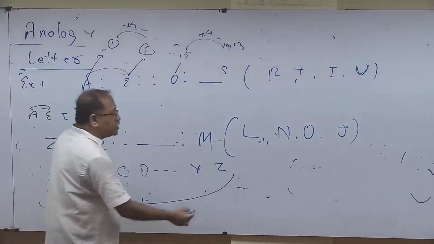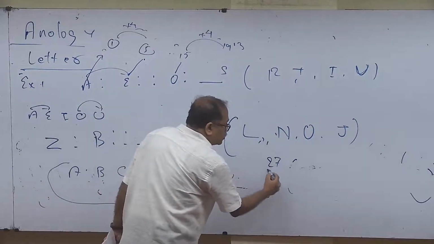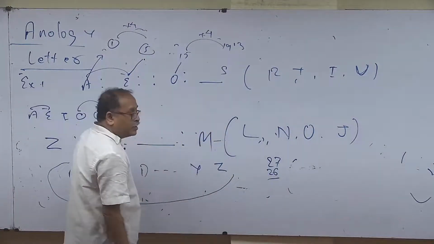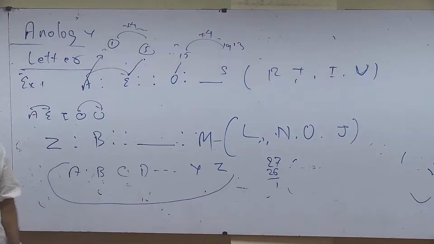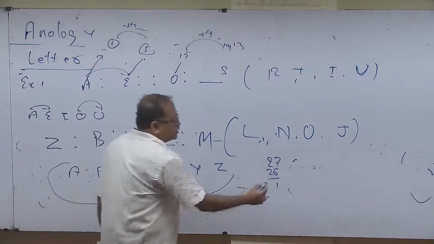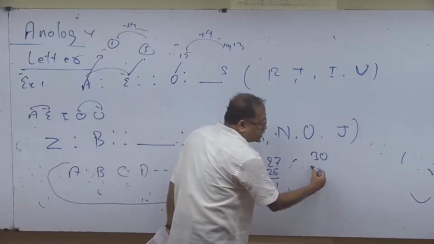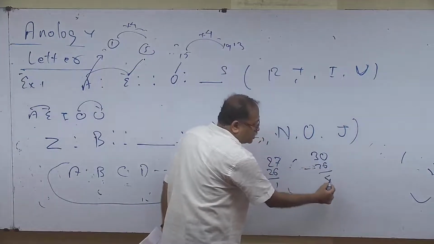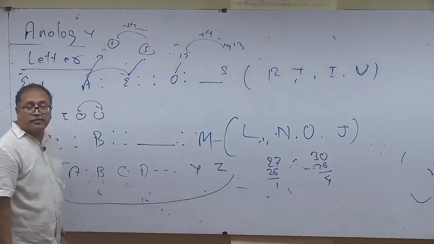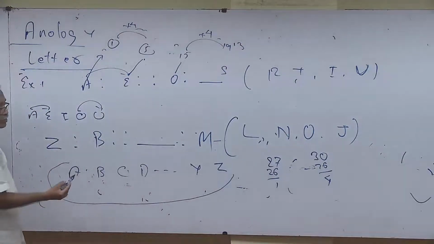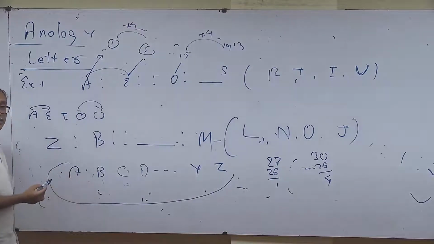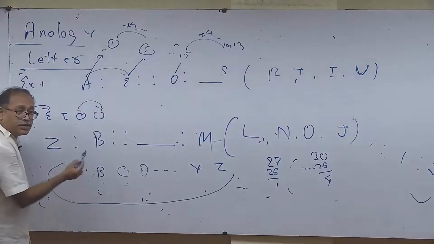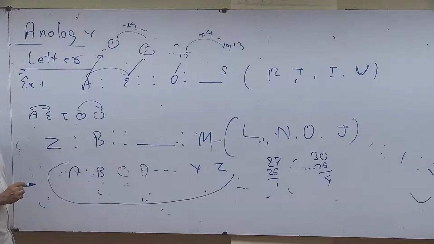So what is the 27th letter? 27 minus 26 is the first letter, so A is the 27th letter. Which is the 30th letter? 30 minus 26 is the 4th letter. In the same way, if this is Z, then this is A and this is B, so leaving one letter, the next one in the counting.